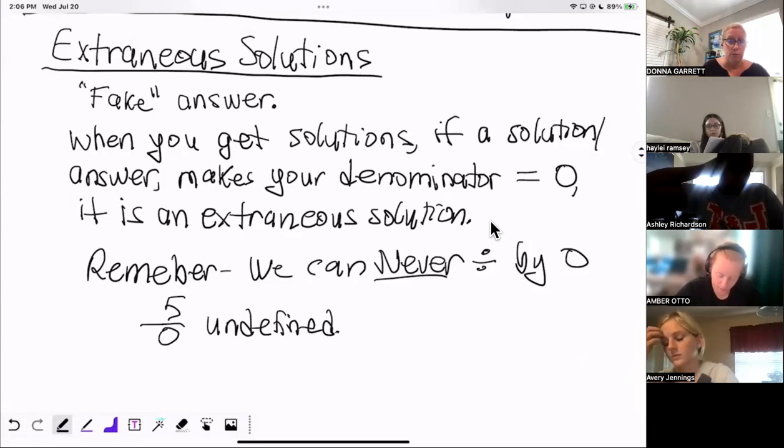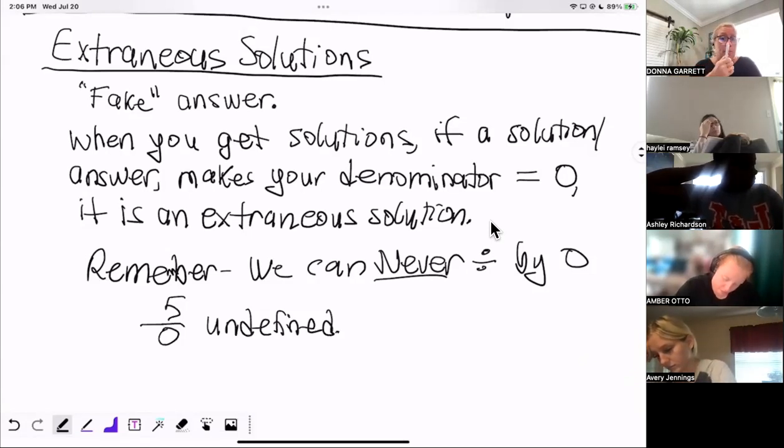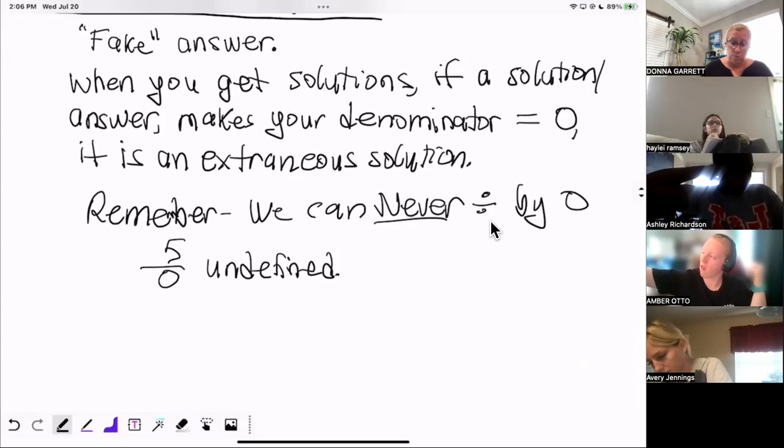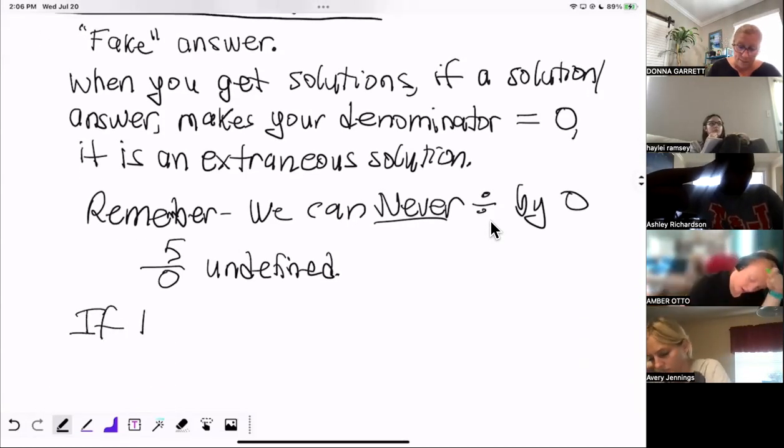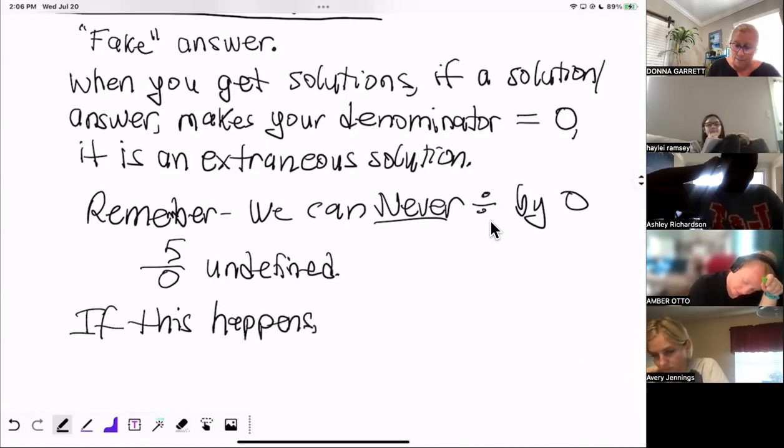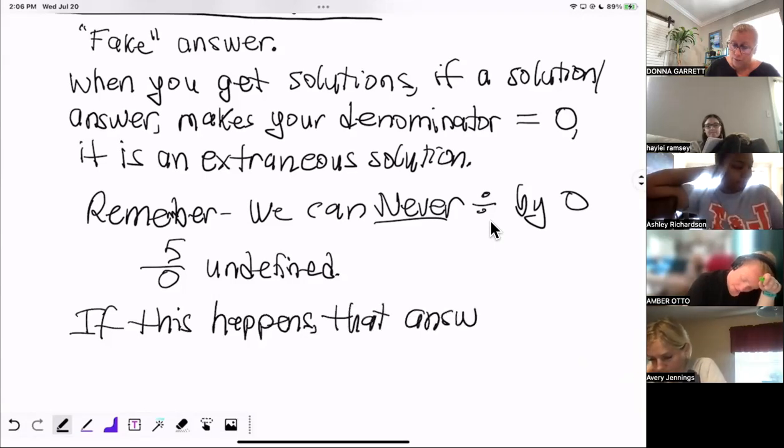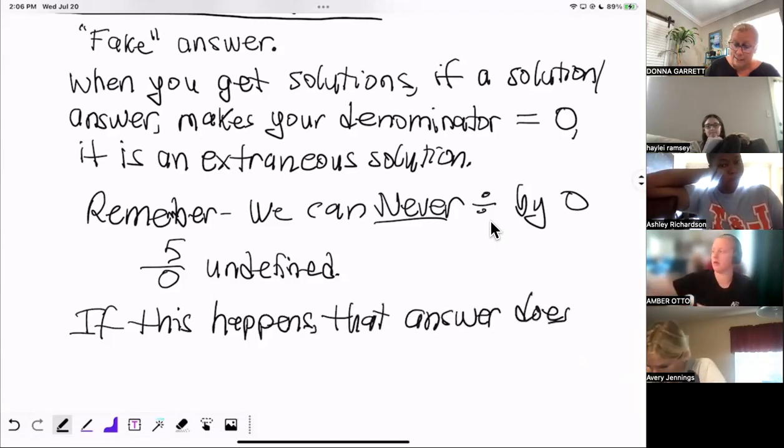So remember, if you find an answer that, if you plug it into the denominator, makes it 0, it is extraneous, not possible. And we can't count that answer as an answer. So if this happens, that answer does not count.